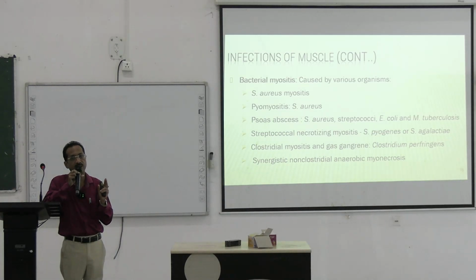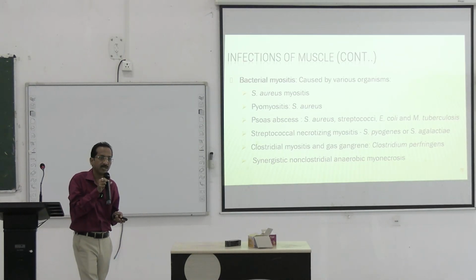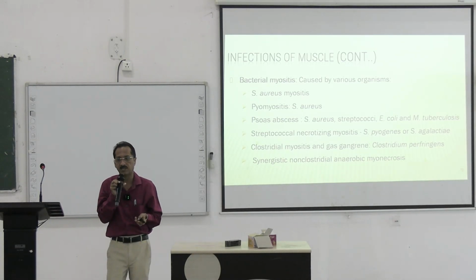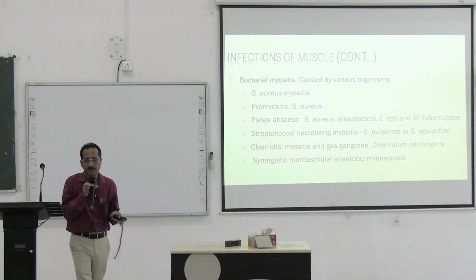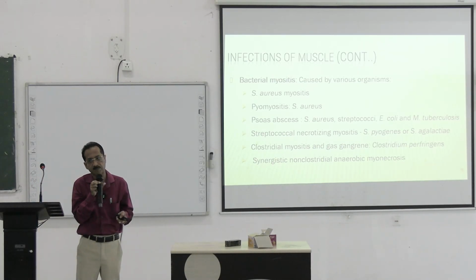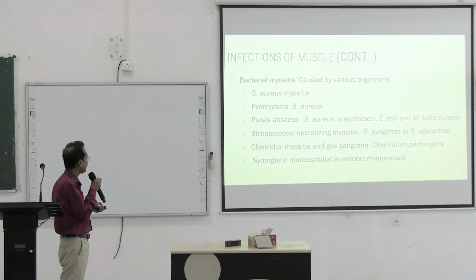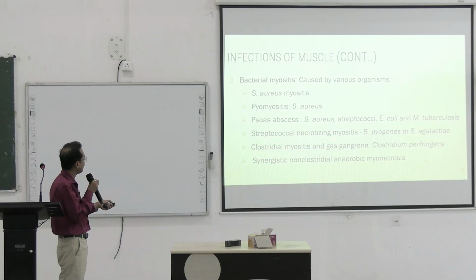Abscess due to Mycobacterium tuberculosis is called cold abscess, because there are usually no signs of inflammation. So tubercular abscess in the paraspinal area involving the spine, TB spine, produces cold abscess. Streptococcal necrotizing fasciitis is the most dangerous, followed by necrotizing myositis, Clostridial myositis, Clostridium perfringens.